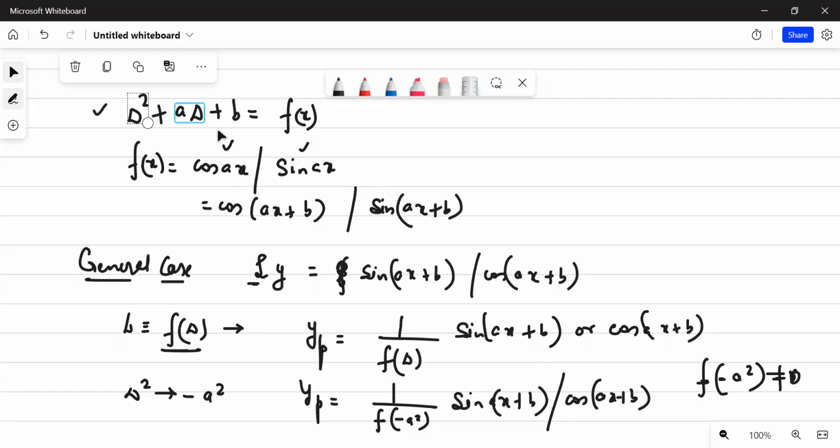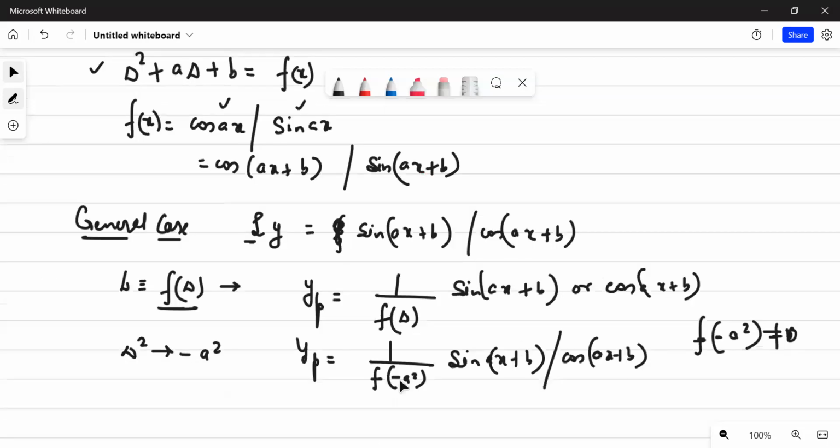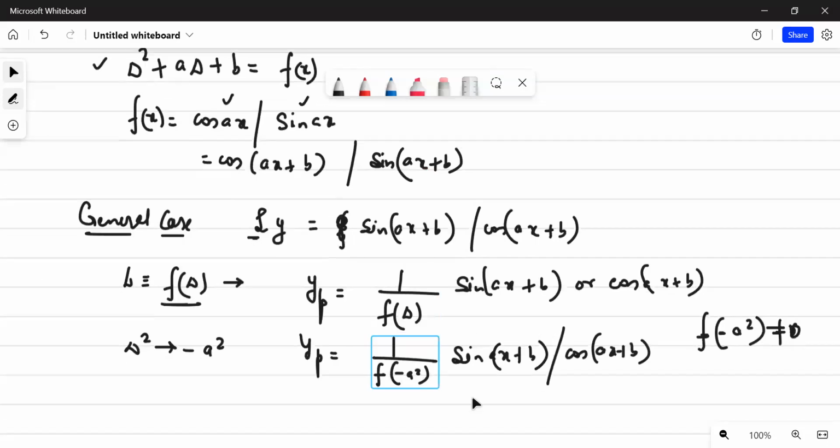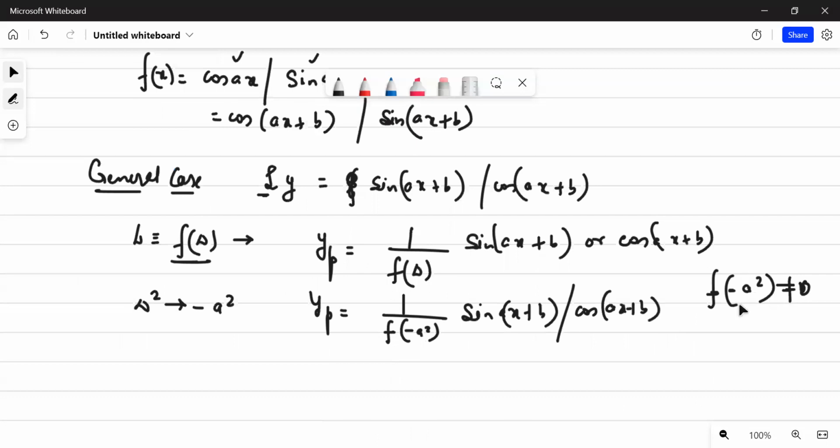Now what about this D? You have to rationalize and make it in the form of D square, and only then can you replace D square with minus a square. This is only true if f of minus a square is non-zero.